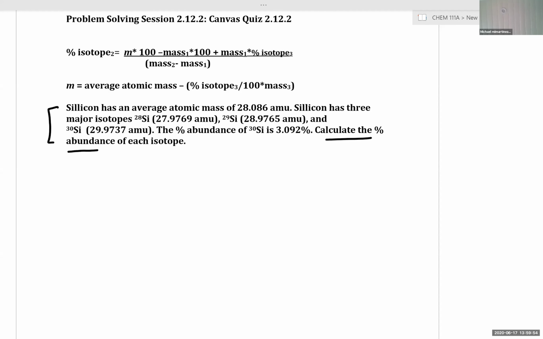The way the equations are set up, the equation will automatically convert the percentages into decimals when needed. Does that make sense? Yes. Perfect.